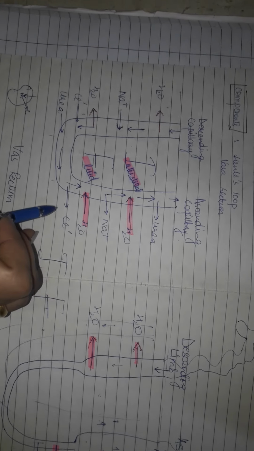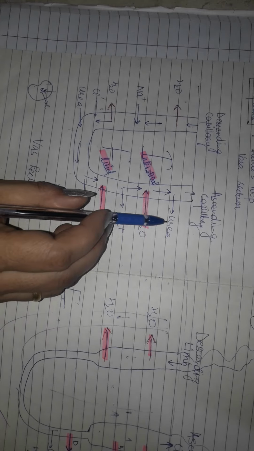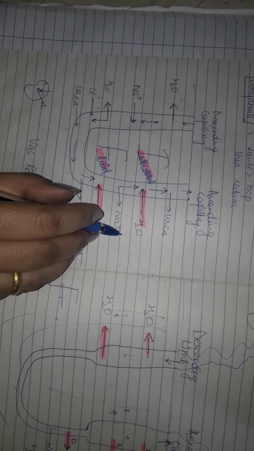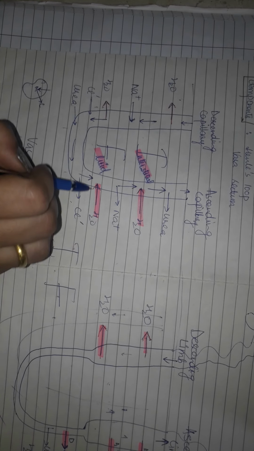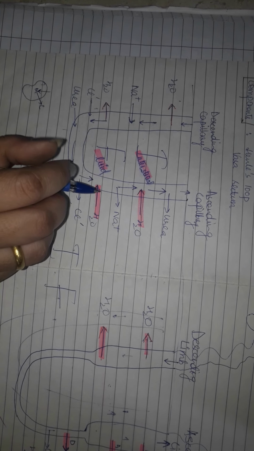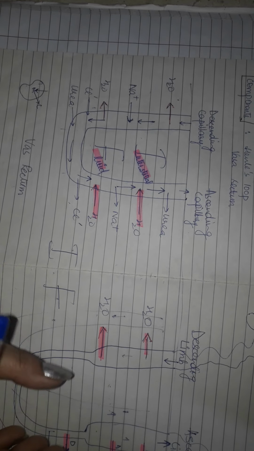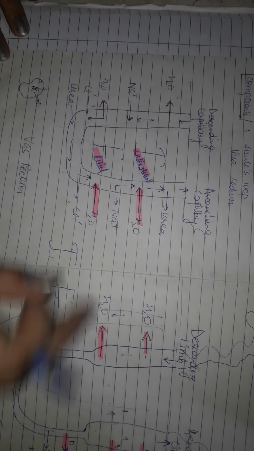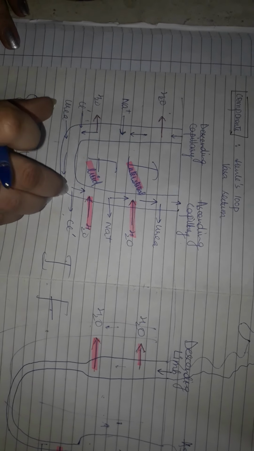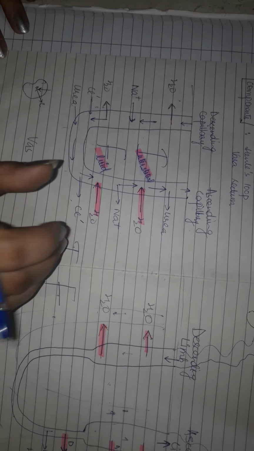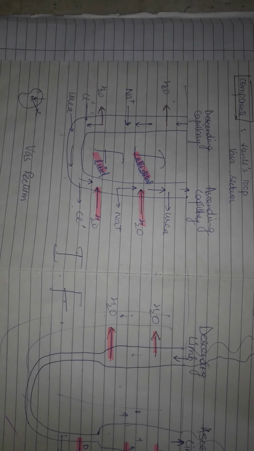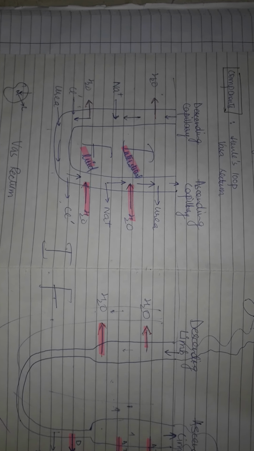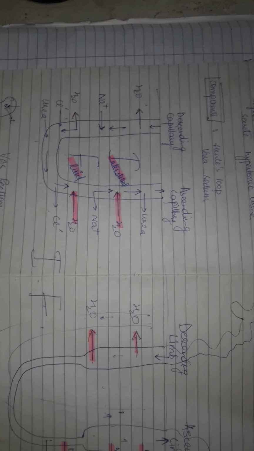We can see the chloride ions, sodium ions and urea are leaving, and the water is entering. So this process simultaneously operates in loop of Henle and the vasa recta. This leads to the formation of hypertonic urine, that is the concentrated urine, and this is counter current mechanism.